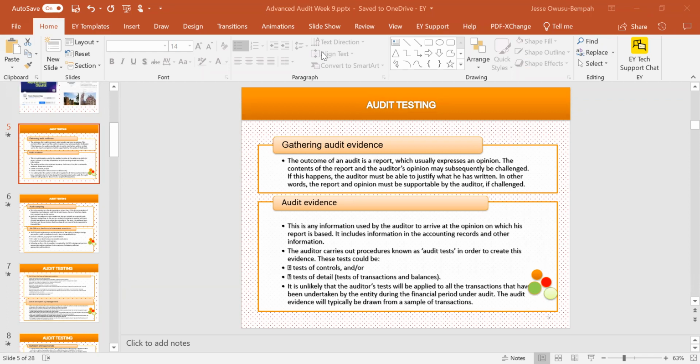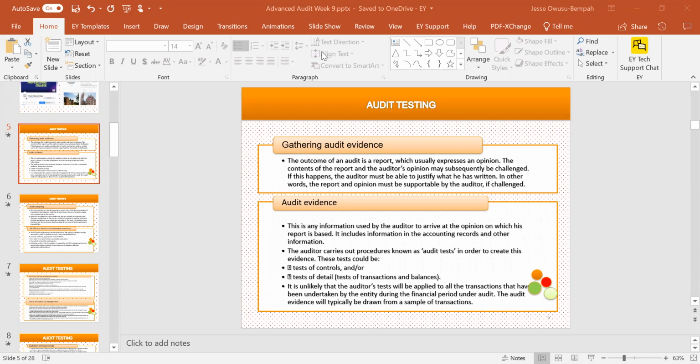And if it's going to be challenged, then the auditor must be able to justify whatever opinion that he gave. So whatever opinion that he's given, it must be backed by some form of evidence. That's why evidence is very, very key.